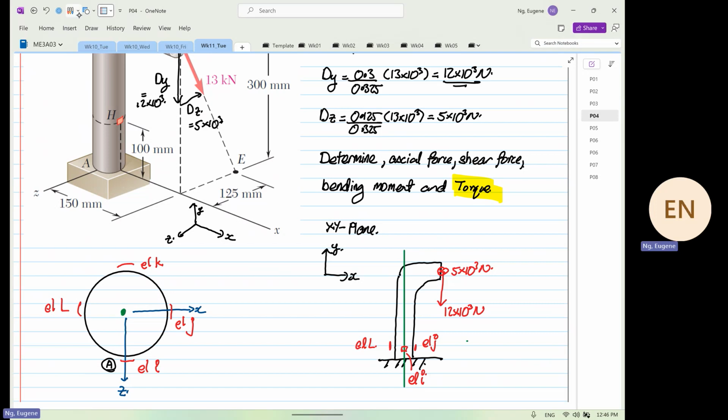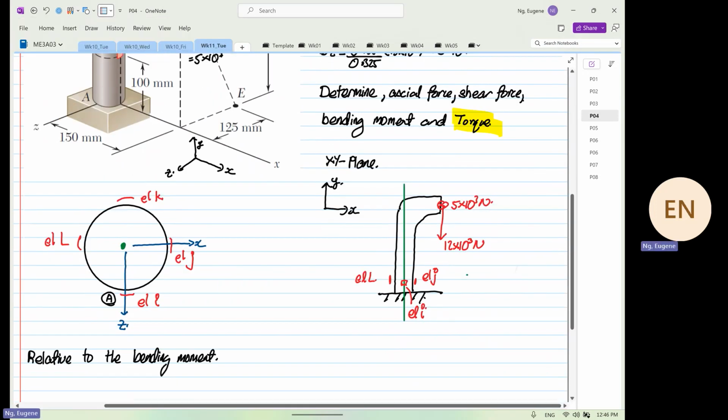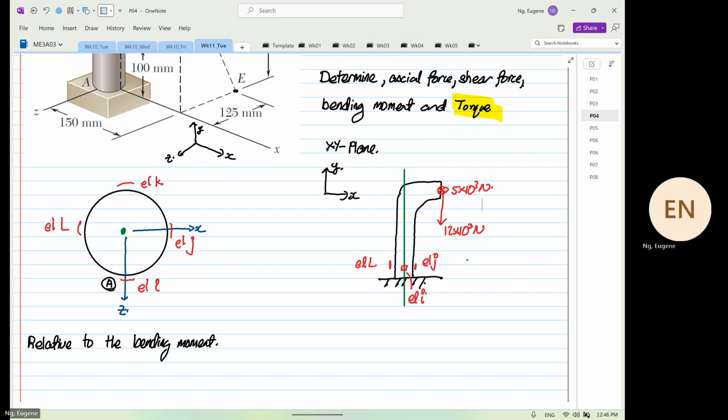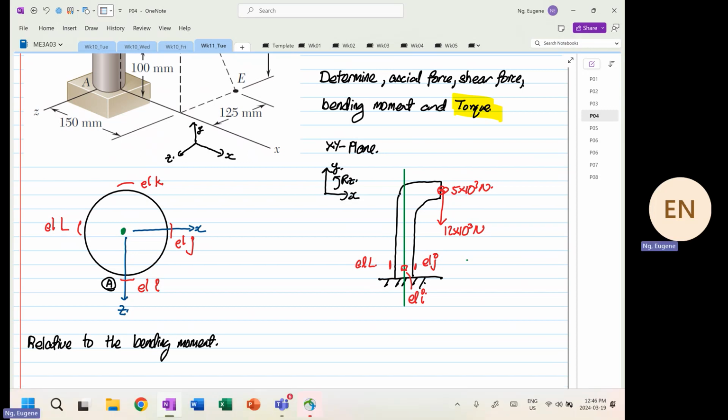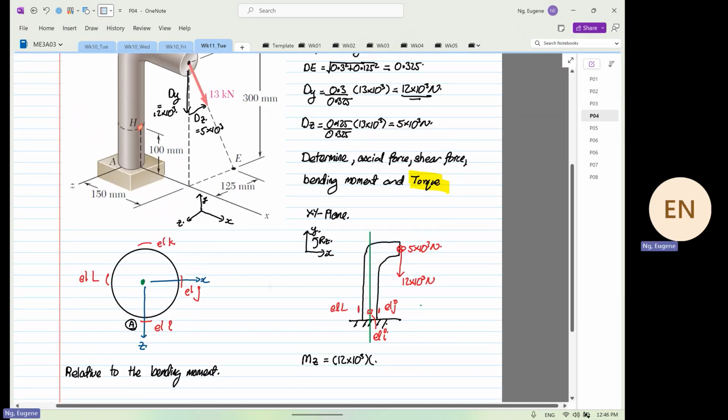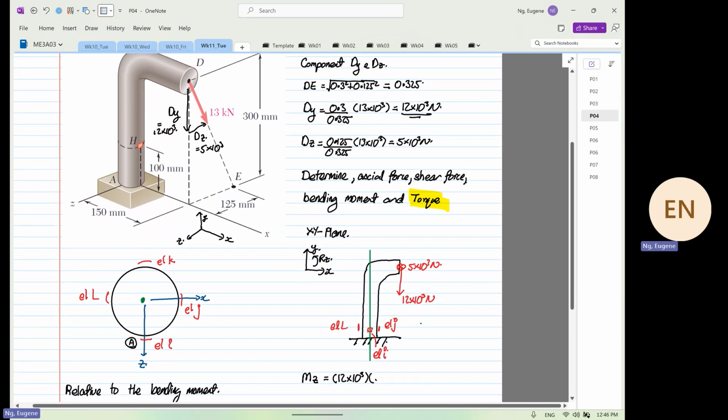So if this is X, Y, this is our rotation about Z, so we have a moment about Z. Moment about Z will be equal to 12 times 10 to the power 3 multiplied by a distance of 0.15.